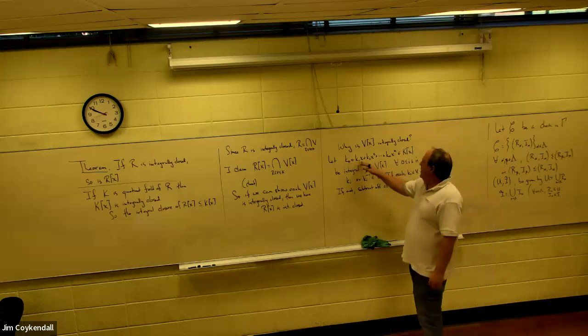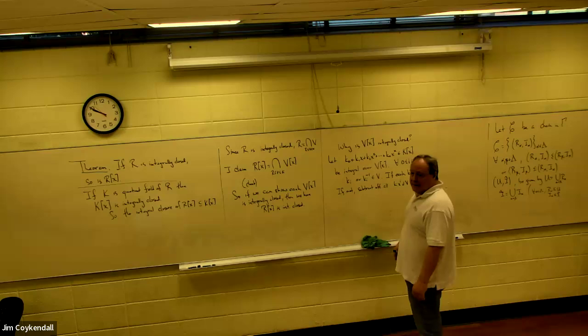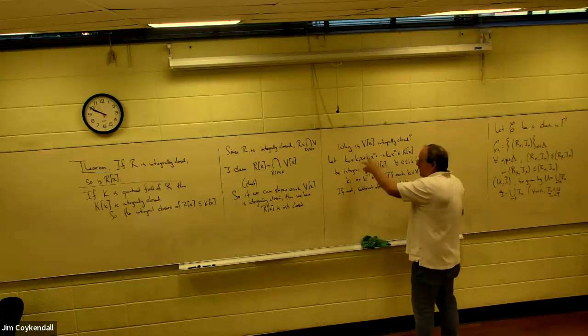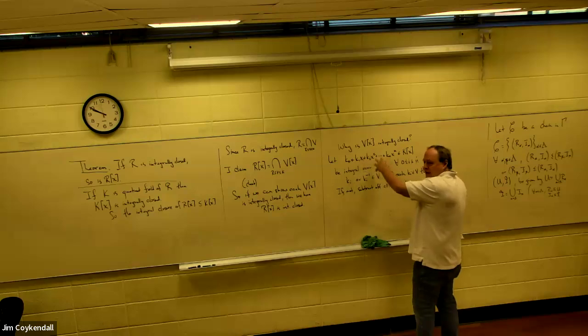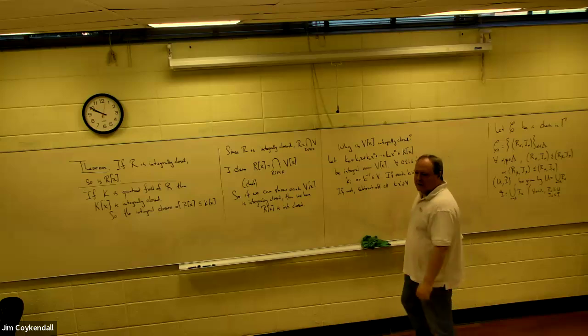So if some of these coefficients are in V, maybe some of them are not. I'm going to pull off the ones that are in V, leaving me only ones that are not. I can do that because we're assuming that this is integral, and so when I add all the stuff in V, that's integral. So I can basically reduce this down to where none of them are.